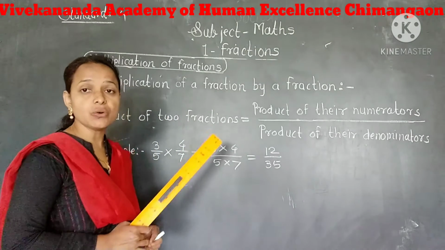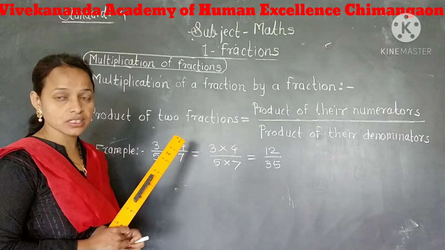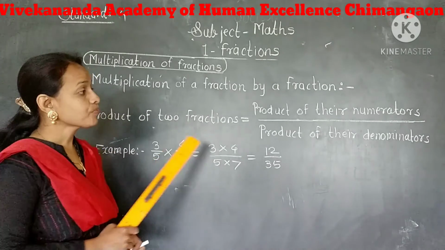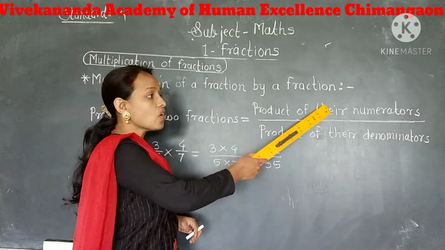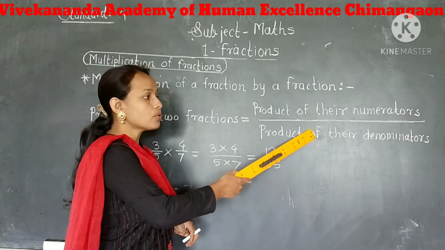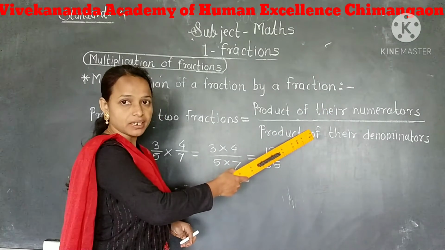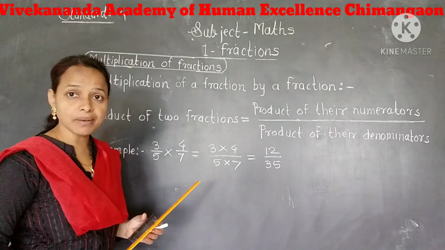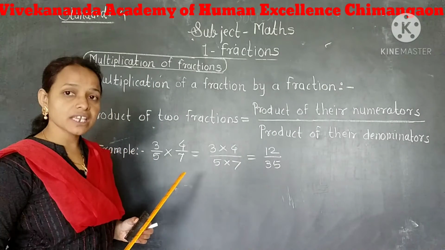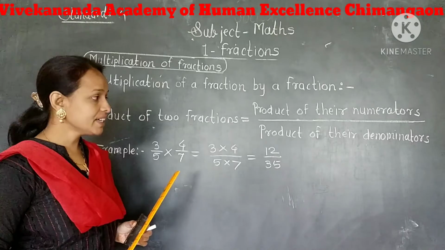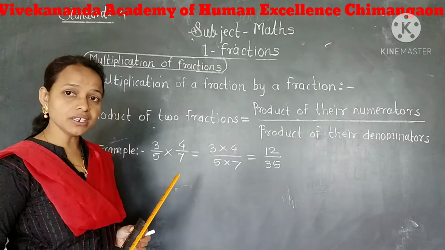If we have to multiply two fractions, then we take the product of their numerators upon the product of their denominators.